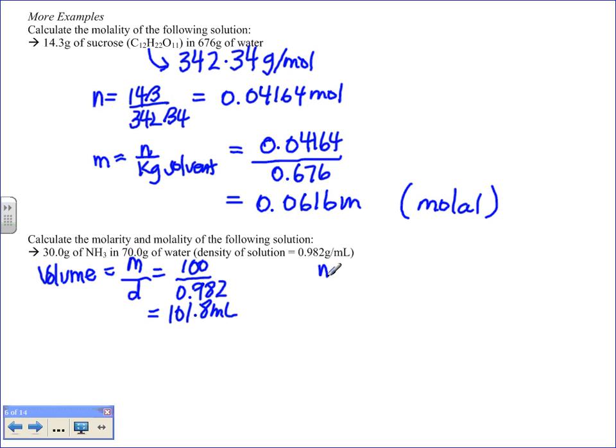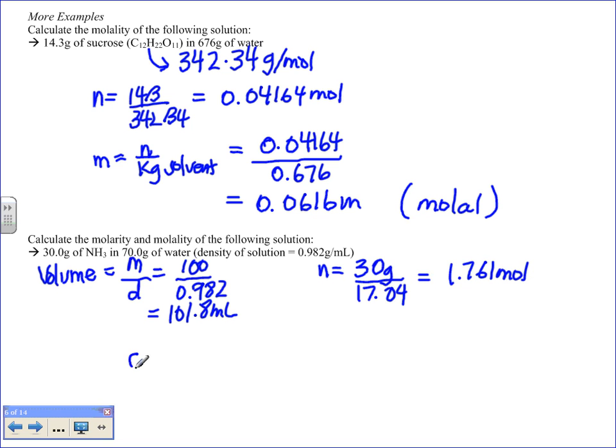We're also going to, for both cases, need to know the moles of the solute, which is the NH3. So we've got 30 grams of the solute. The molar mass of NH3 is 17.04. So we've got 1.761 moles of the solute.